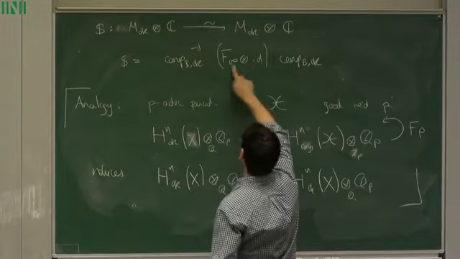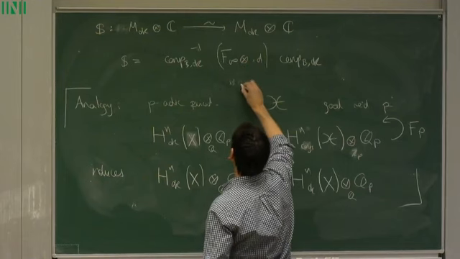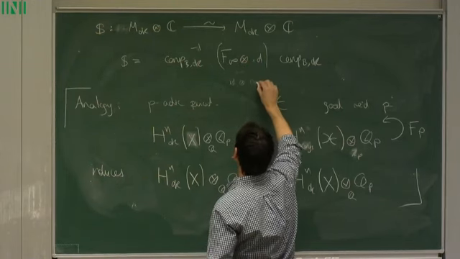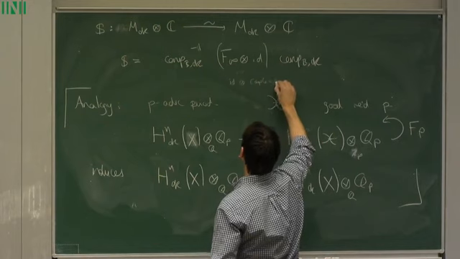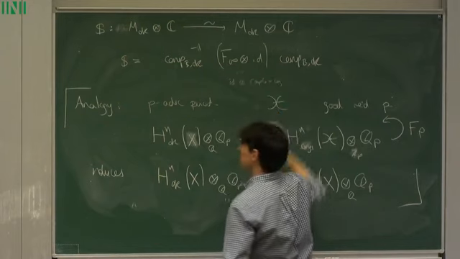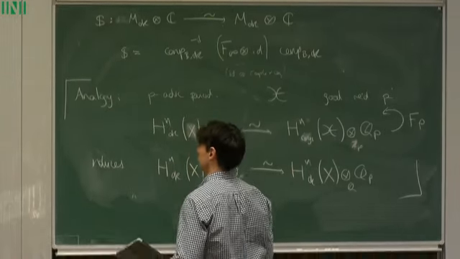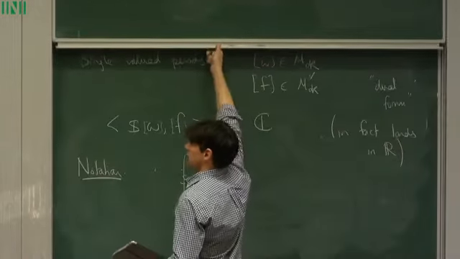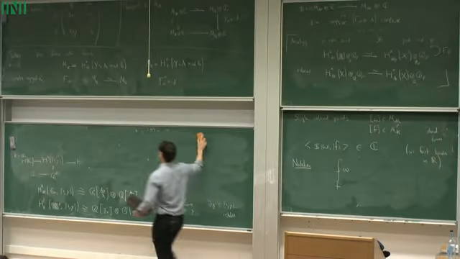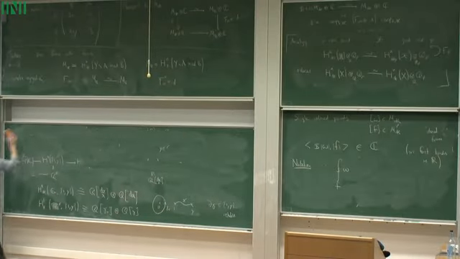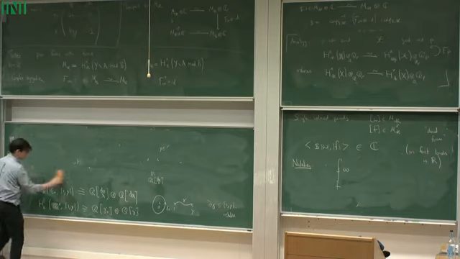But in this, you can replace this with id tensor complex conjugation on coefficients. And so you can push the F_infinity into the, you can absorb it into, so multiplying this on the right by F_infinity is the same thing as taking its complex conjugate.